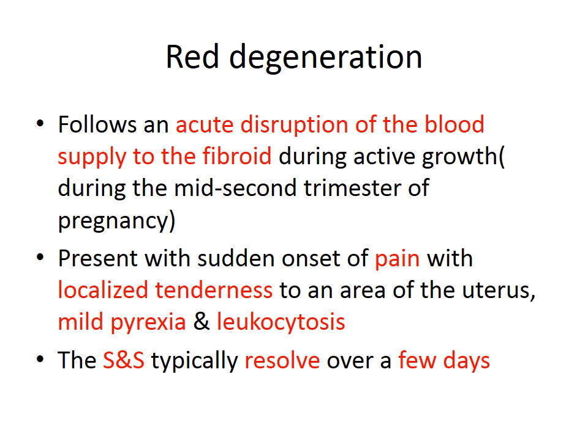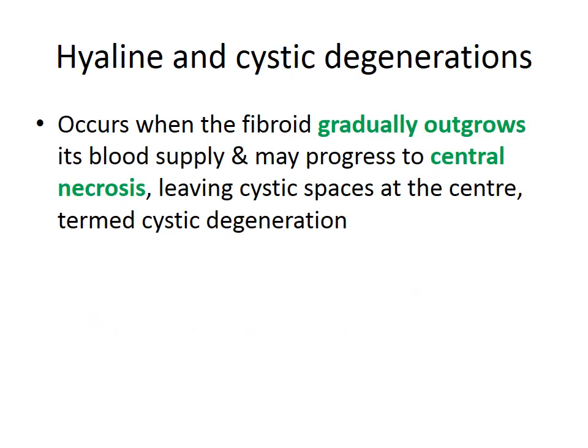In other words, when the fibroid outgrows its blood supply because of the rapid increment in its size, especially during a pregnancy, this will lead to red degeneration, and usually this presents with sudden onset of pain and localized tenderness over an area of the uterus, associated with mild pyrexia and leukocytosis. These signs and symptoms typically resolve over a few days.